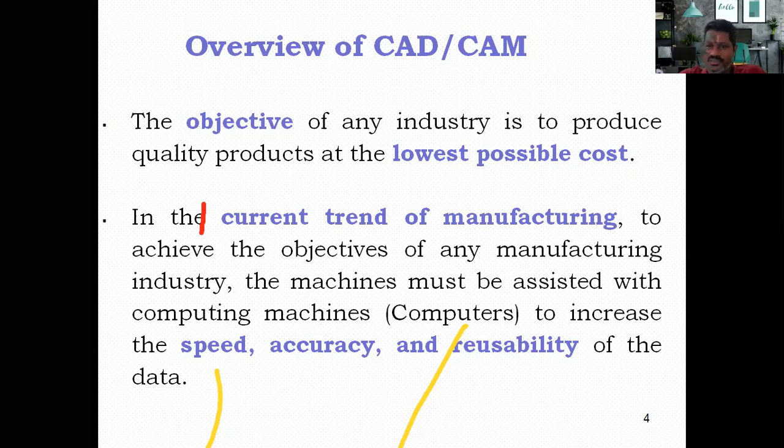No one is going to purchase it. Whenever you are purchasing any component in the market, you will definitely look for the quality. Along with that, you will also look for the cost. The cost must be affordable, and with respect to the cost, you want to get the quality according to what you are paying. This is the relation.